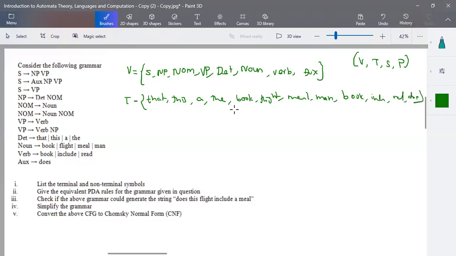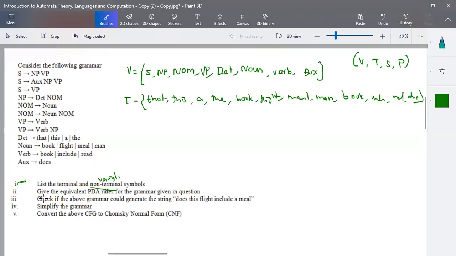Okay, these are all the set of terminals. Variables are the ones that come on the left side. Only this will be a variable. Other than that, if you have any productions like this, the curly braces are also terminal symbols. Whatever comes in the body of a production will be your terminal symbol. So the first one is done: list all terminals and non-terminals. Non-terminals are nothing but variables.